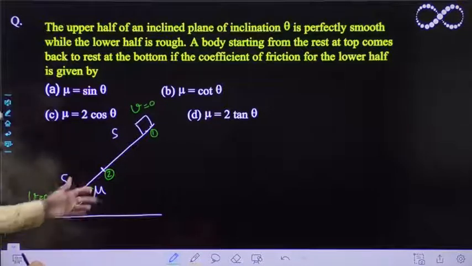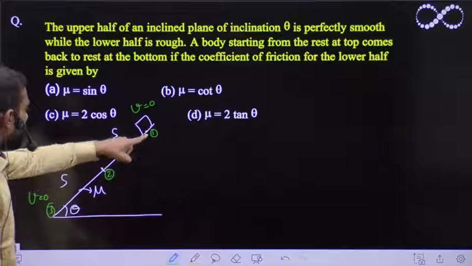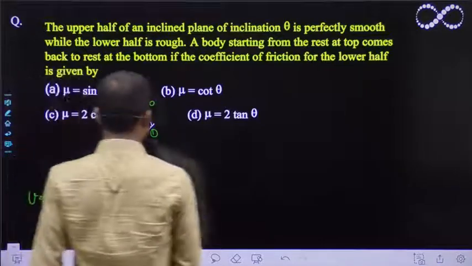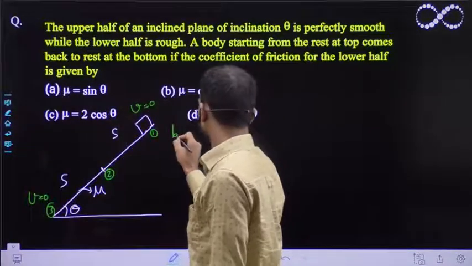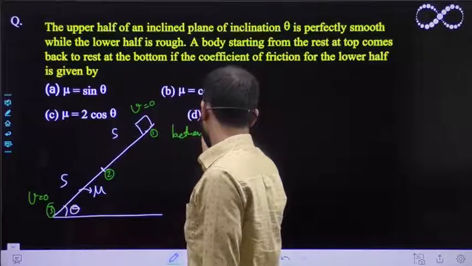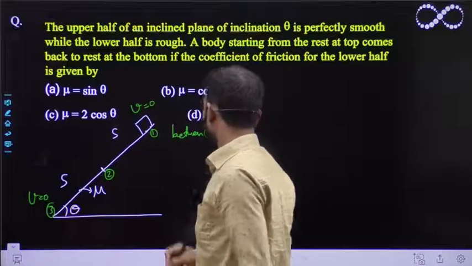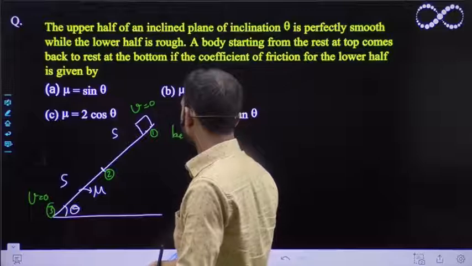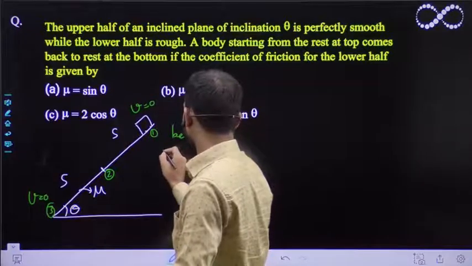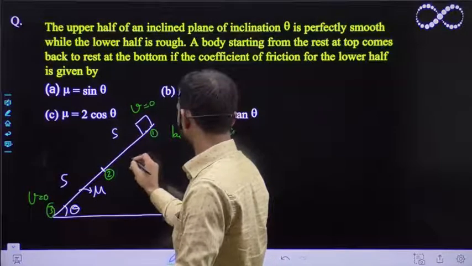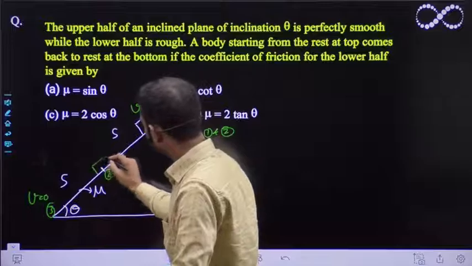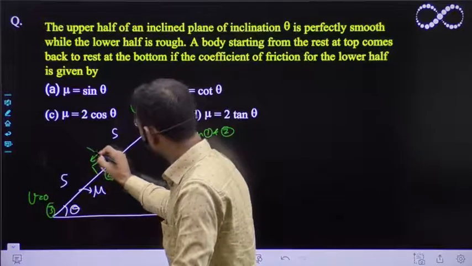First I will write the equation between position 1 and 2. Here, v square minus u square is equal to 2as. The block will come here and suppose it is moving with v.